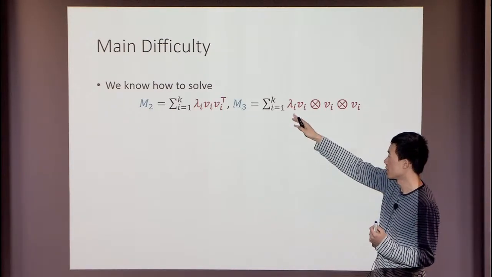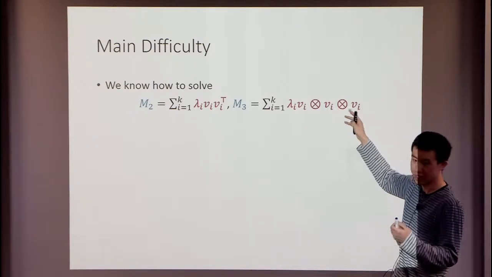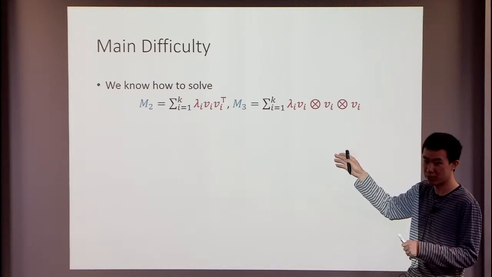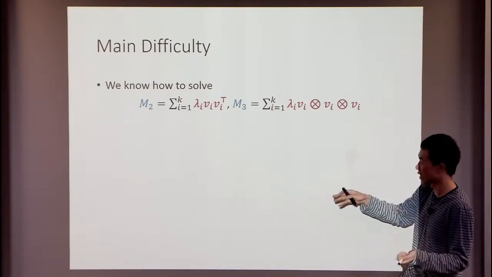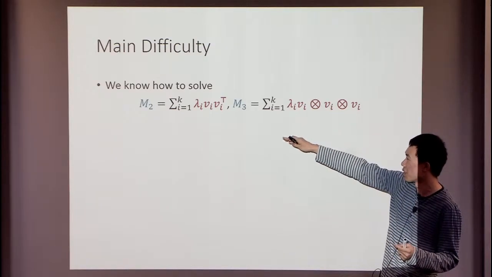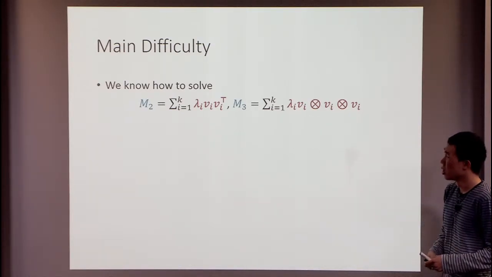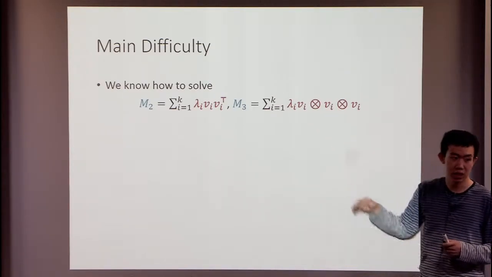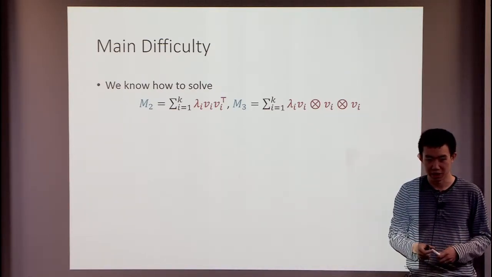We know something else that's the sum of lambda i, v_i tensor v_i three times. So this was the second and third moment, not for the Gaussian, but for the topic model. For the Gaussian, you do something else to make them into this form. We know how to solve this problem to get the lambda i's and v_i's if the v_i's are linearly independent.